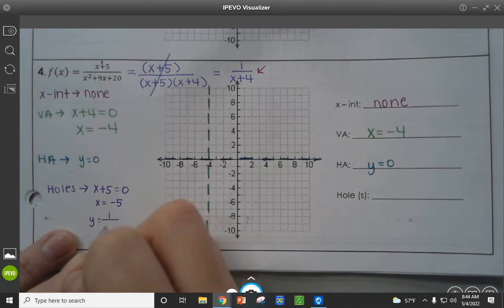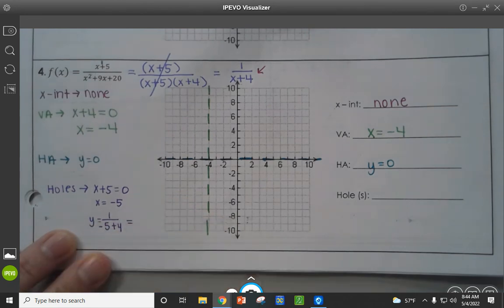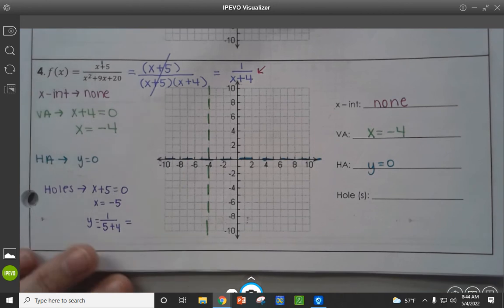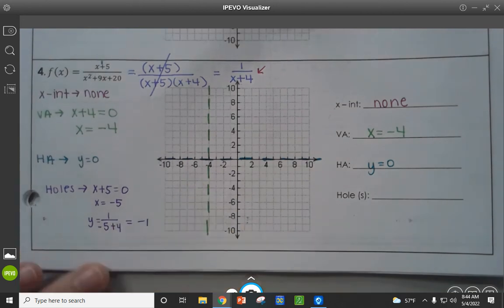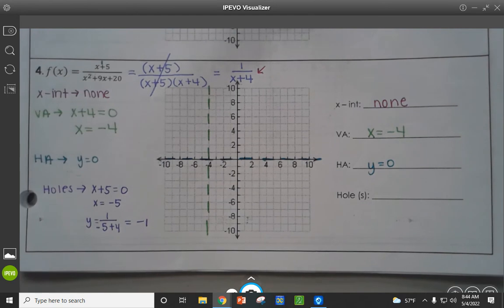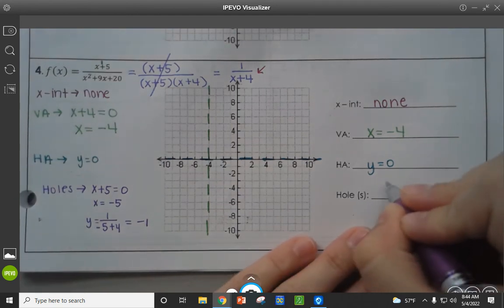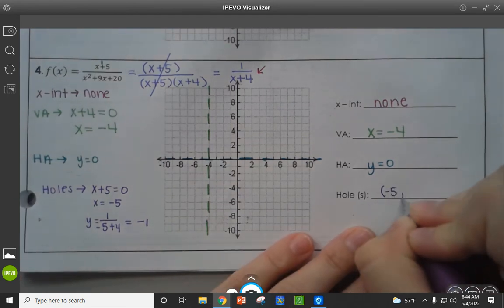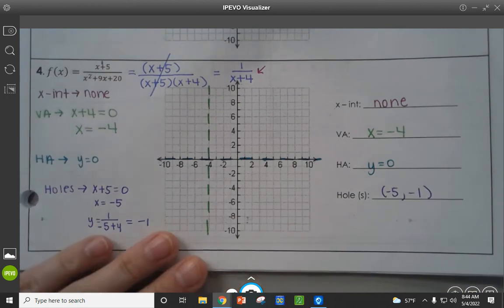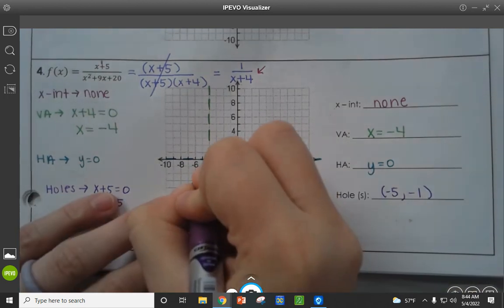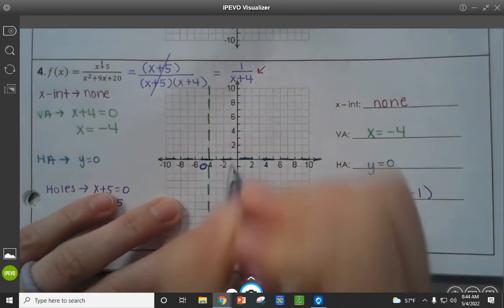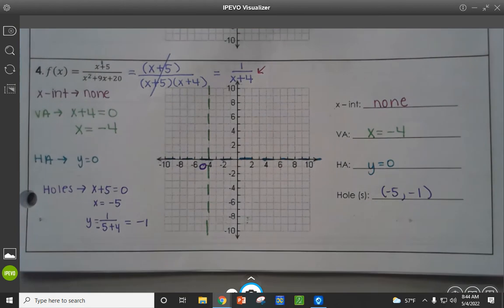So 1 over -5 plus 4. You should get -1. So we have a hole at -5, -1. So I'm going to draw an open circle there to show that that is a hole.